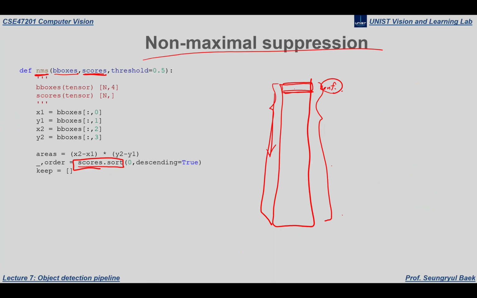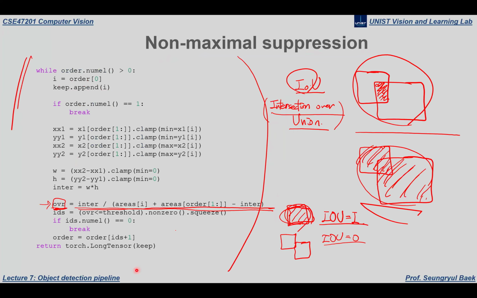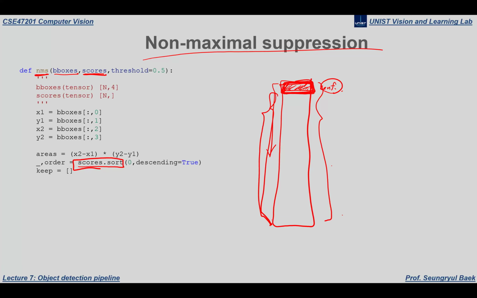They first select the boxes with the highest score, one at a time. For the remaining boxes, they calculate the IOU against it. If the similarity is higher than the threshold, they remove those boxes, because this is the highest one.